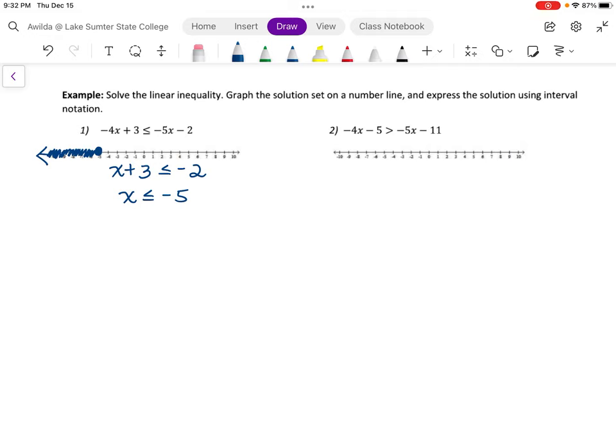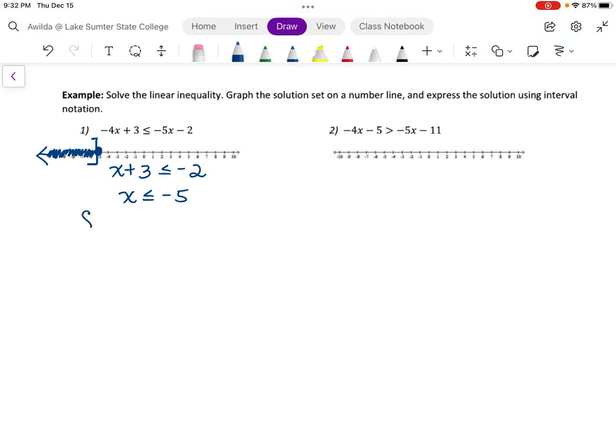Another way to graph the solution set is to use a square bracket over -5 instead of that solid circle. It means exactly the same thing, in fact. It means that -5 is part of the set. I prefer to use a square bracket because we'll see how it connects to writing the solution in interval notation.